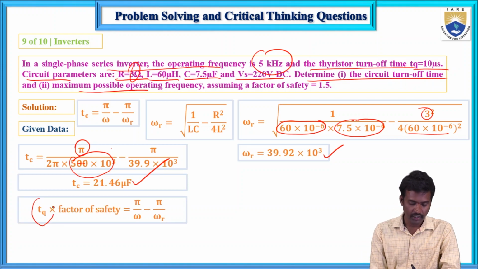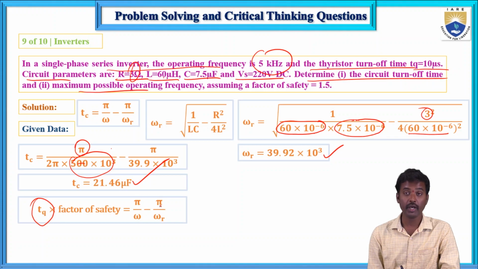And next, another equation: circuit turn off time with safety factor into pi by omega equals pi by omega minus pi by omega r.